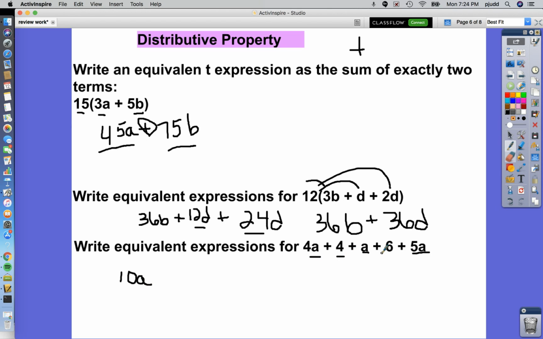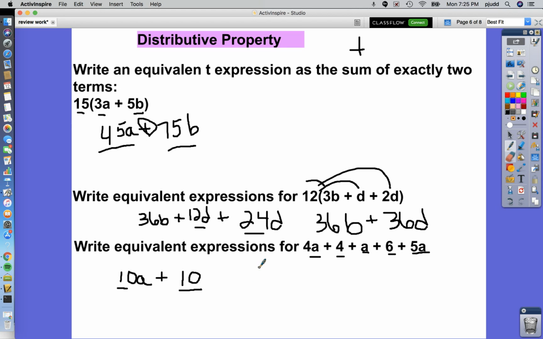And then I have 4 and 6. 4 and 6 is 10. So there's an equivalent expression, 10A plus 10.